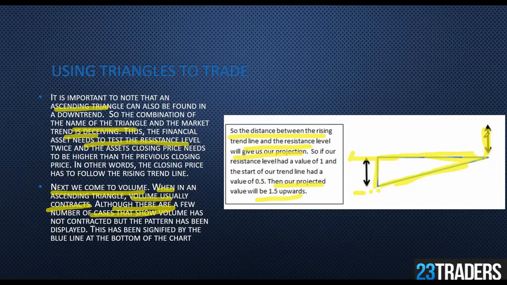So we're expecting a 1.5 or an equal distance to what the width of this triangle was in an upward movement if it's a breakout up. Because from an ascending triangle, we are looking for it to regain its traction on the trend line. You're not looking to trade going down because you're not looking to trade against the trend.